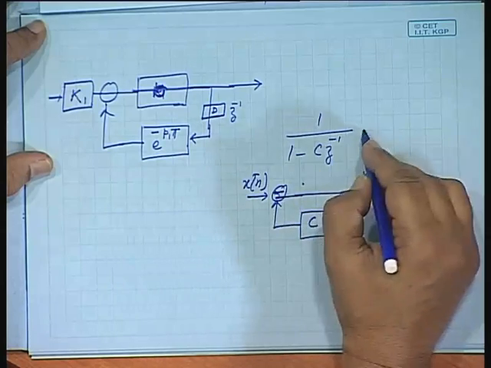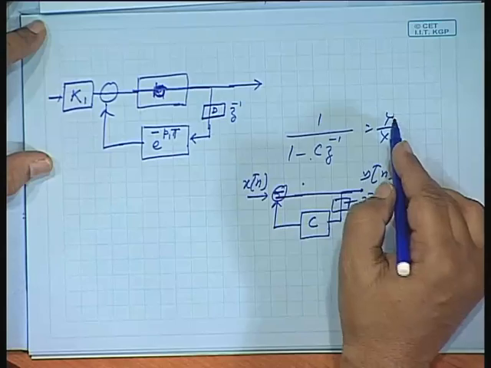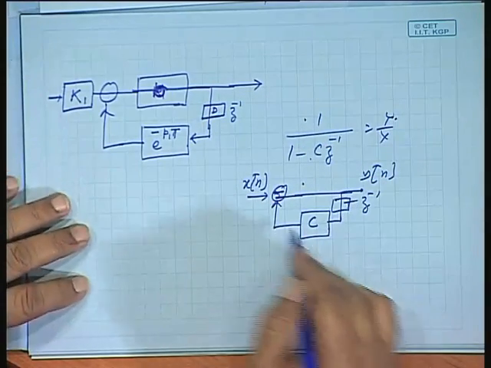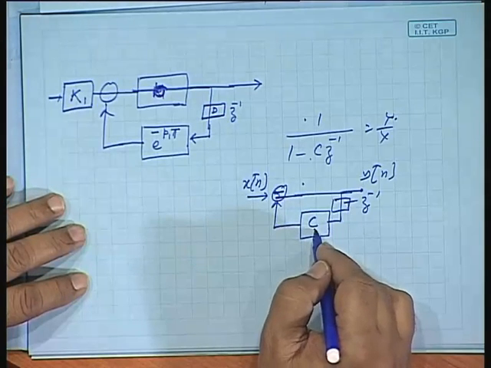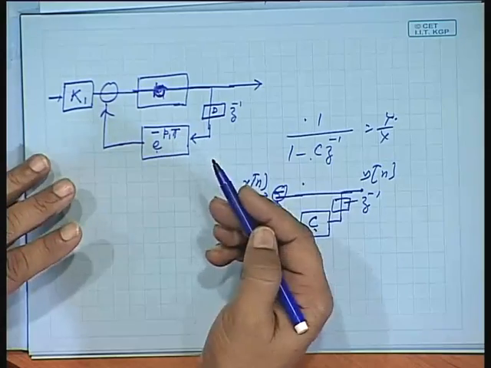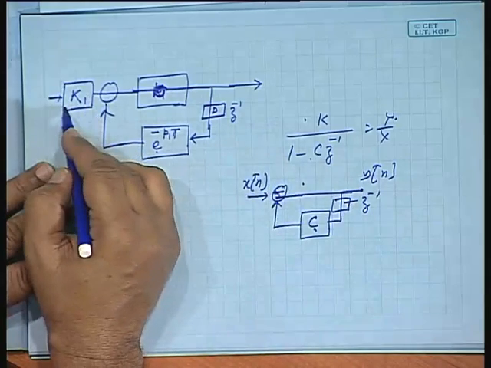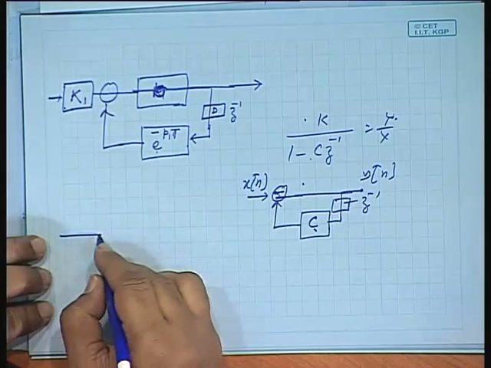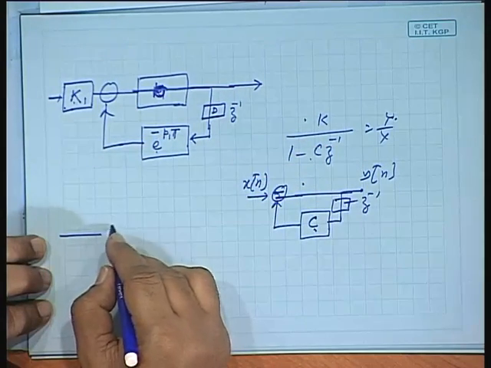So this gets added because this is Y by X. So Y minus c z inverse, if it is brought to this side, so that is being added. So this is the elementary structure. Now it is the c1, this constant, which is changing: e to the minus p1 T, e to the minus p2 T and so on, and this constant K I can put here separately. So it is like this, or you can put it at the end also, as you please.